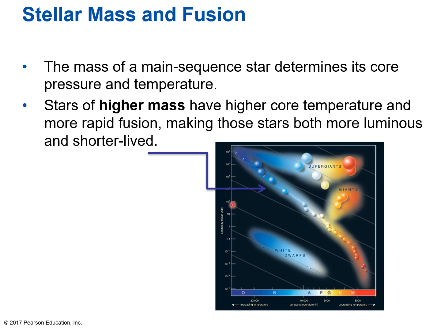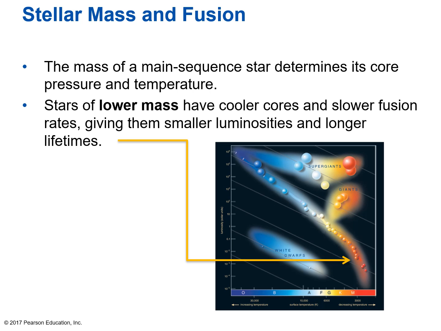Stars of higher mass have a higher core temperature and more rapid fusion, making those stars both more luminous and shorter lived. You learned about that in chapter 15. Stars of lower mass, down and to the right, have cooler cores and slower fusion rates, giving them smaller luminosities and longer lifetimes.